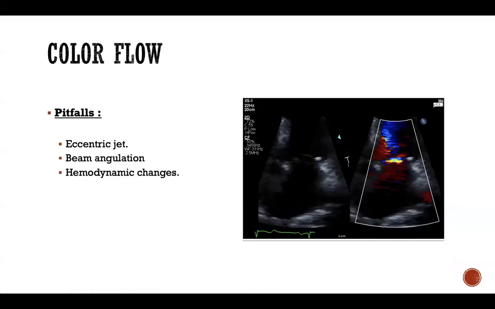There are limitations, of course, of this color flow assessment by echo. The first pitfall is the eccentric jet. Sometimes you see a jet like this.